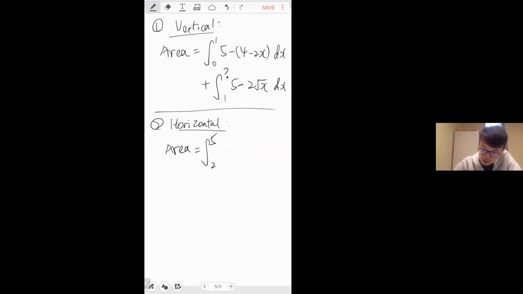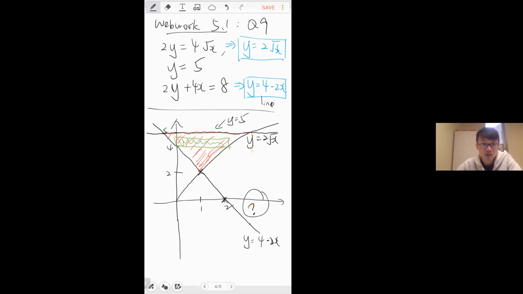And because I'm doing horizontally, everything should be in terms of y. So I need to change all my functions in terms of y.